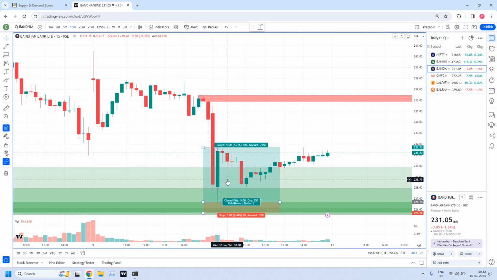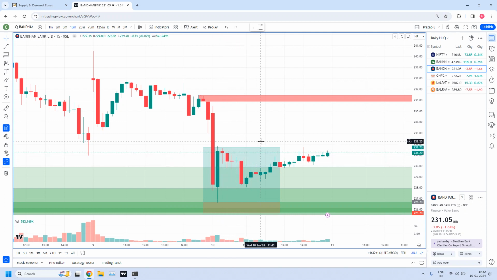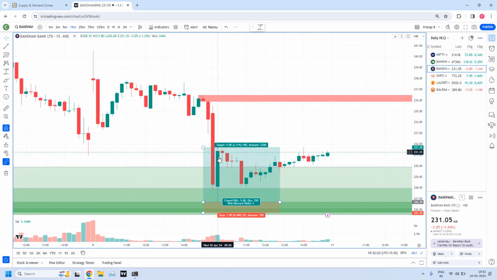At least an average of 6.1 ROI push it is giving. That push might be achieved in 5 or 10 minutes, or sometimes it may take 1 or 2 hours during the intraday to reach the target. Maybe today you got the return within the first 5 minutes itself, but it won't happen every time.